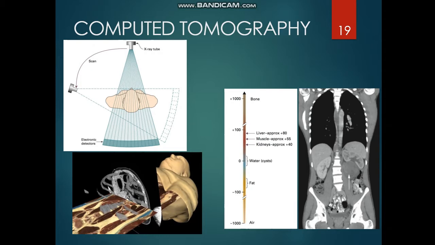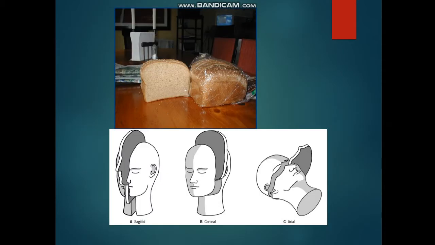It is a diagnostic imaging method that uses X-radiation associated with a computer system that reconstructs circumferential data acquisition into axial image slices. A CT imaging system produces cross-sectional images or slices of anatomy, like the slices of a loaf of bread, as you can see here.